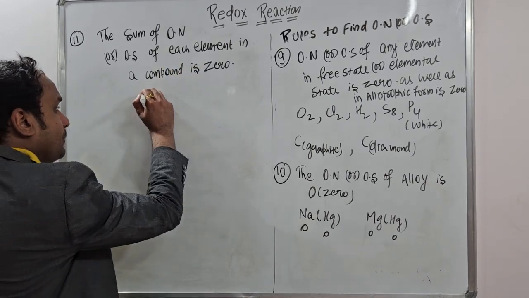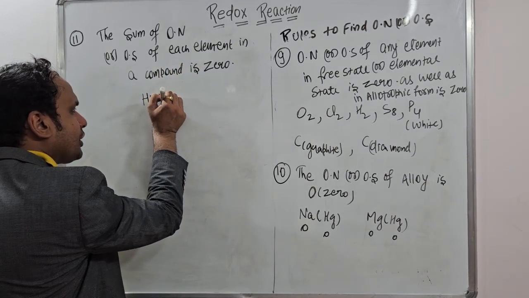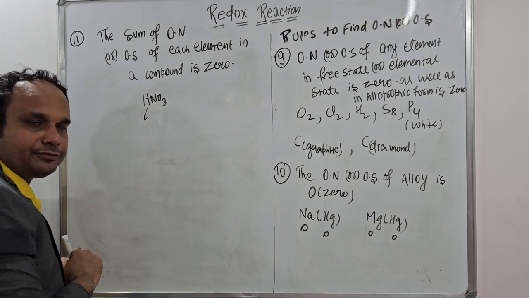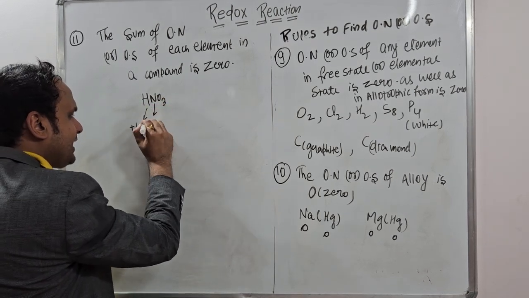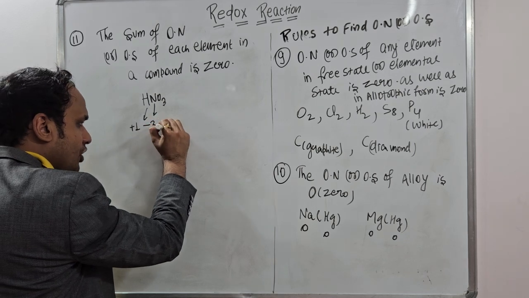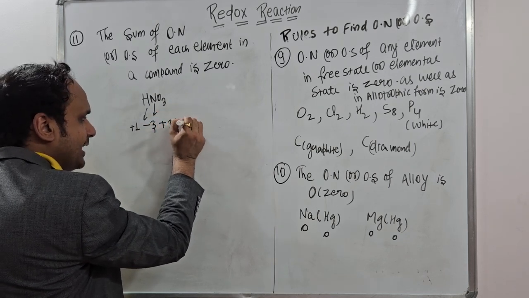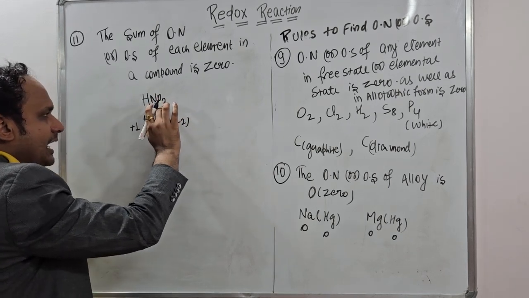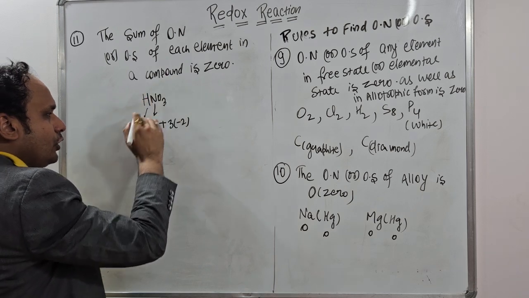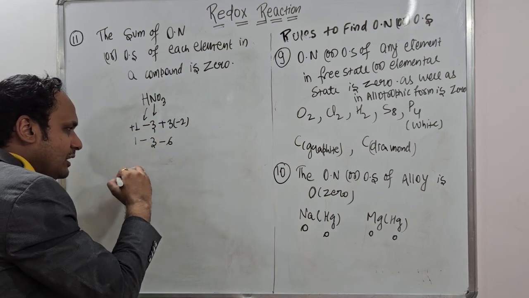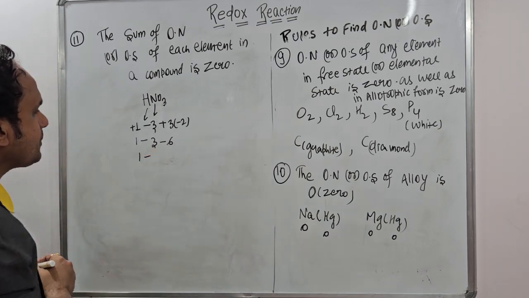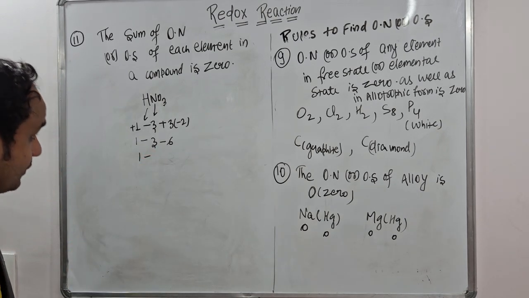What does it mean? Suppose I have written HNO3. What is the oxidation state of hydrogen? +1. Nitrogen, I will write it -3. Oxygen 3 into -2. If you add over here, HNO3, what is it? 1, -3, -6. What will you get? 1 nitrogen. Oh, sorry. One second.